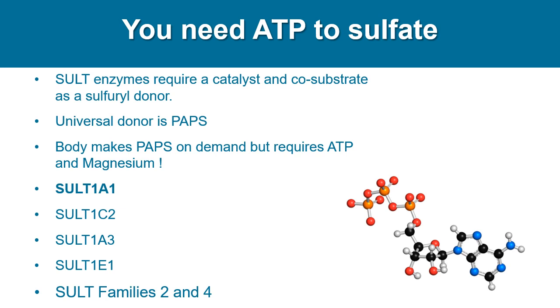I highlighted SULT1A because I often see polymorphisms in that one. It's found in the liver, intestine, brain, and platelets, and it has a strong affinity for various different substrates. SULT1A1 is used for xenobiotics and thyroid hormone metabolism, and also procarcinogens. But it is subject to a very common functional polymorphism. So I can see that on the tree of life.